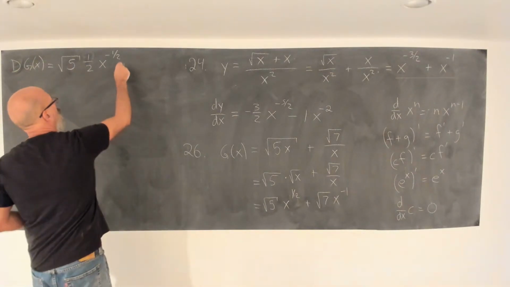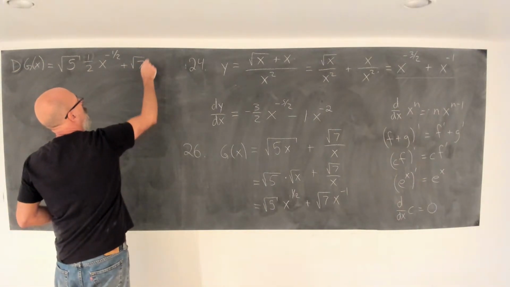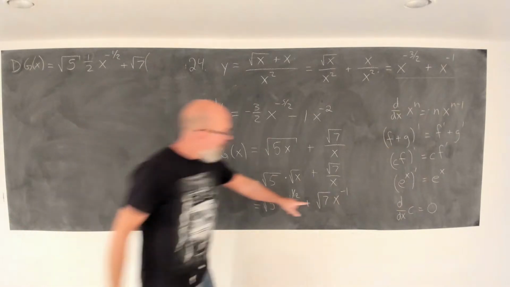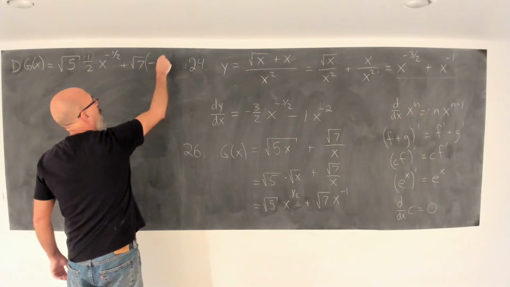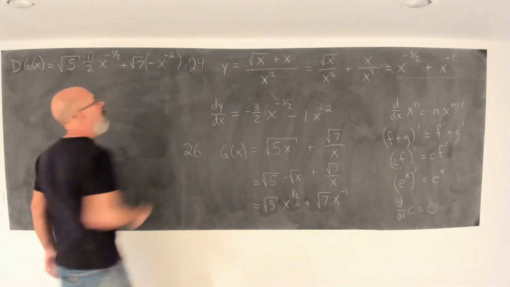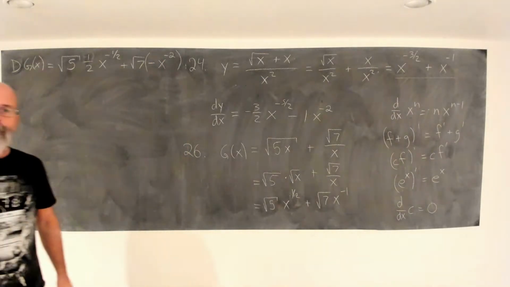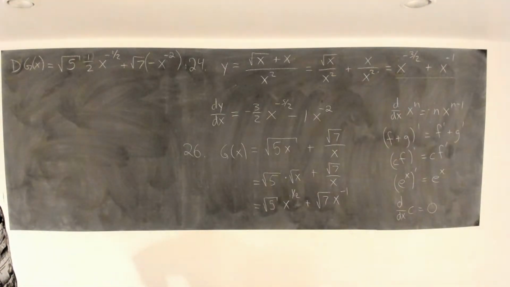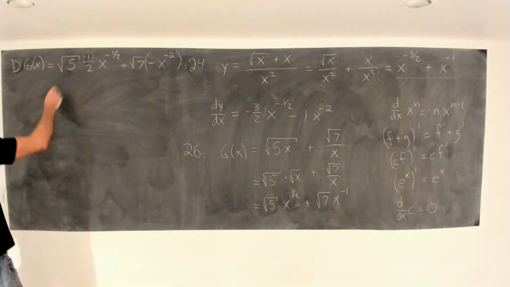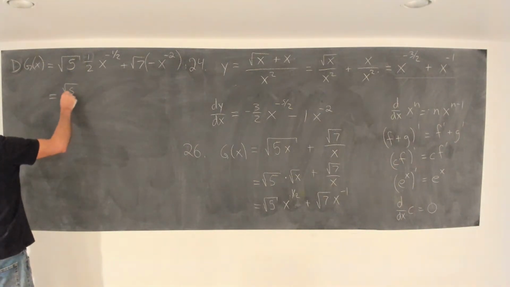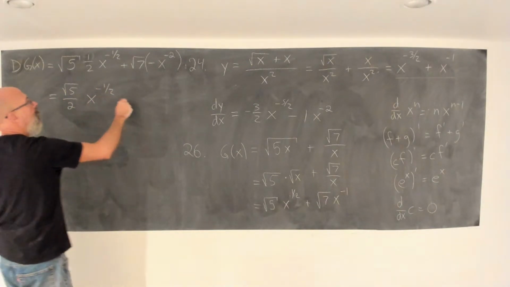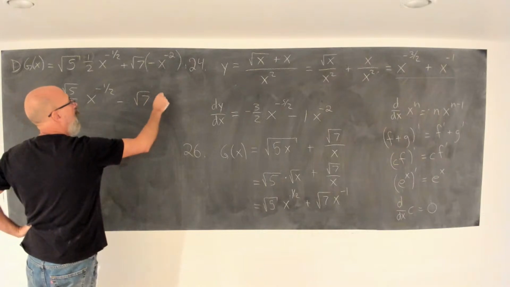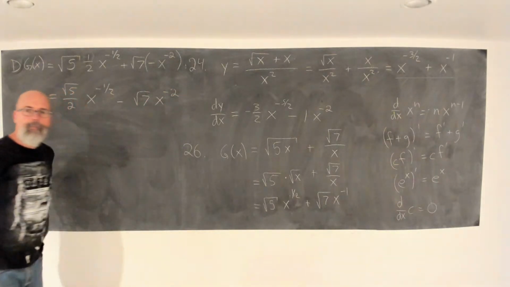Leave the root 7 aside and differentiate the x to the -1, which is -1 x to the -2. And if we clean that up, root 5 over 2, x to the -1/2, minus root 7, x to the -2.